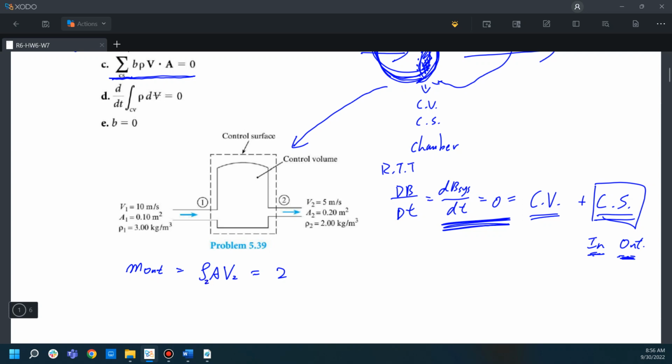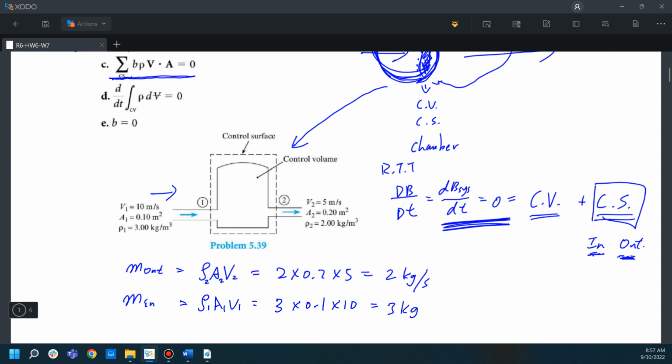This is 2. This is 2. Times 0.2 times 5, and this is 2 kg per second. And the inflow mass is equal to rho 1 A1 V1, and that is equal to 3 times 0.1 times 10, and this gives us 3 kg per second.